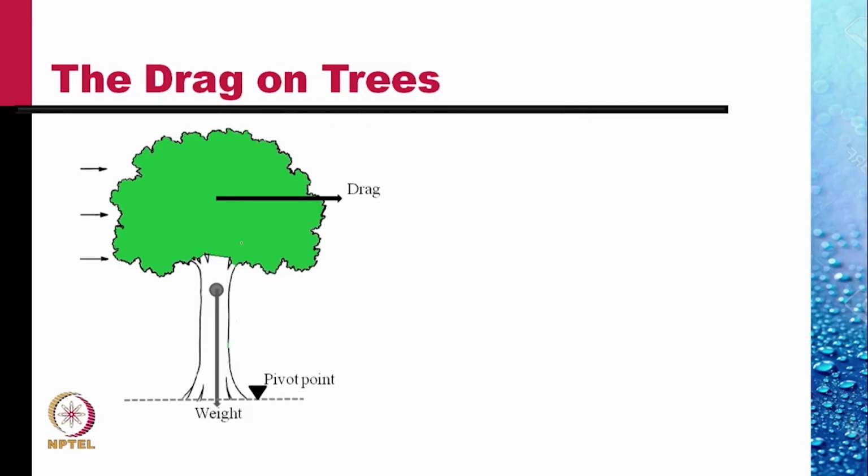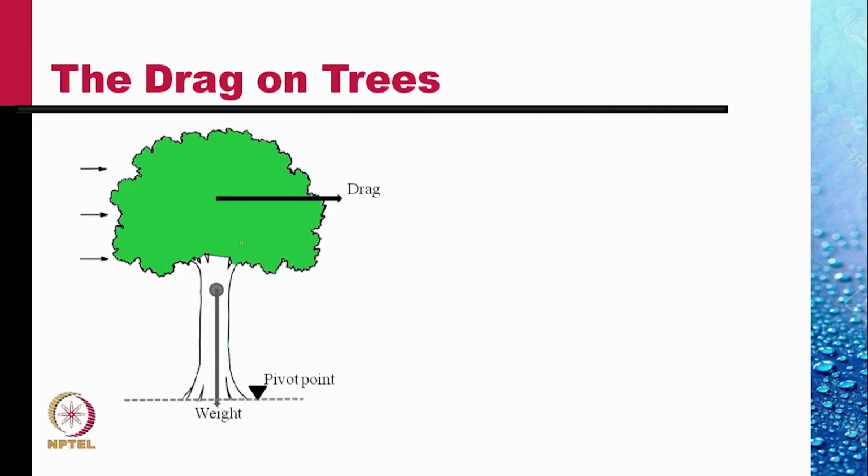Of course, the weight of the tree acting from the center of gravity would like to keep it straight, but for large trees, this drag could be substantial. The drag is because of individual leaves. There is no bulk canopy, only individual leaves.